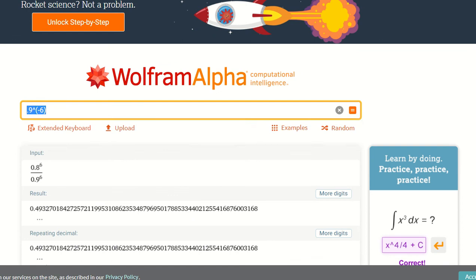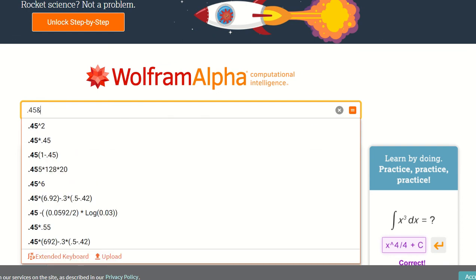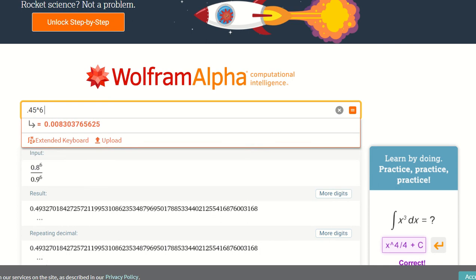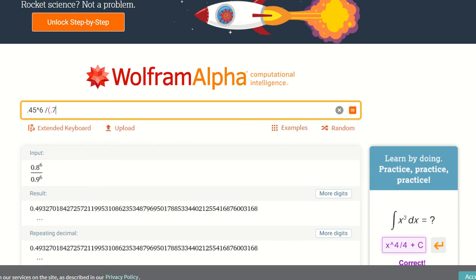So 0.45 raised to the 6th divided by 0.7 raised to the 6th multiplied by 1.5 raised to the 6th.